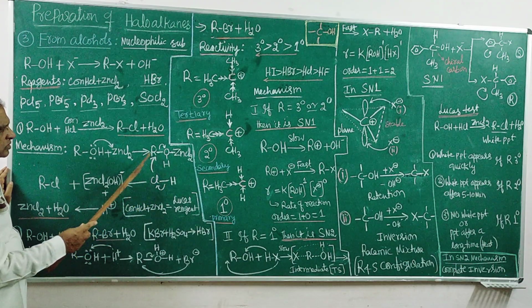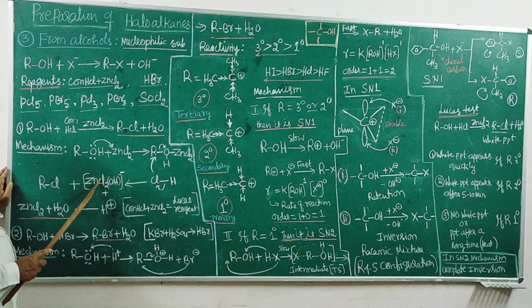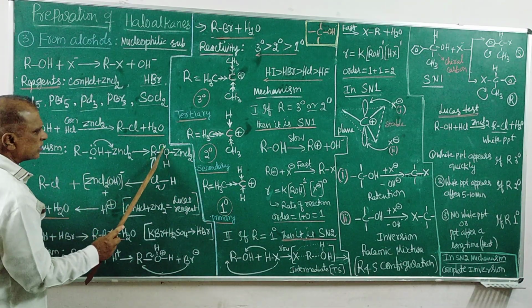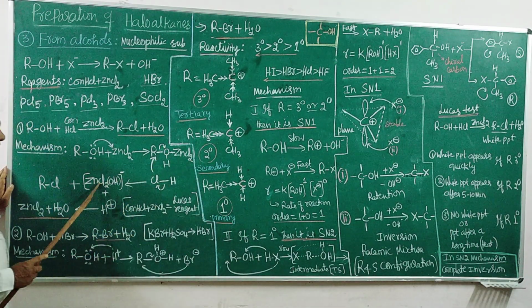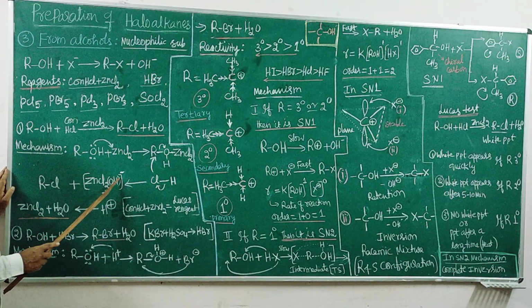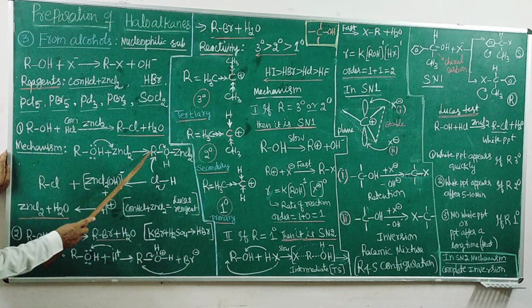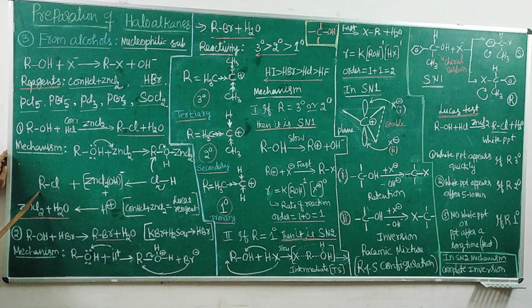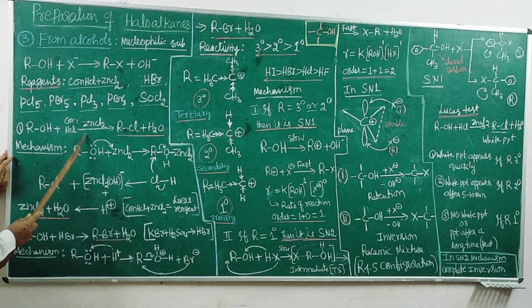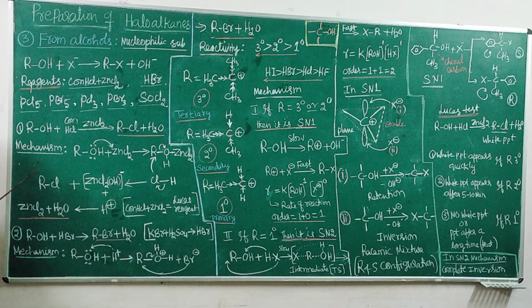Cl minus acts on this, H plus acts on this. So it is taken away as this minus, and then H plus forms H2O. Then R forms RCl. That is the mechanism. ZnCl2 is regenerated. These two are products. It acts and is regenerated, therefore it acts as a catalyst but is itself not consumed in the reaction.